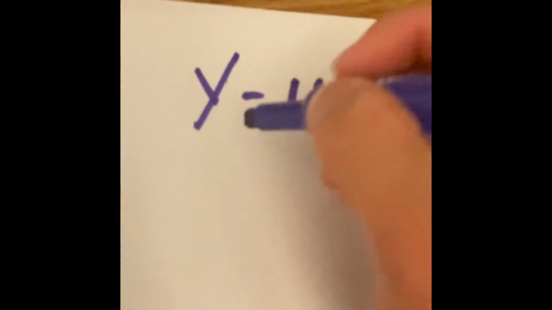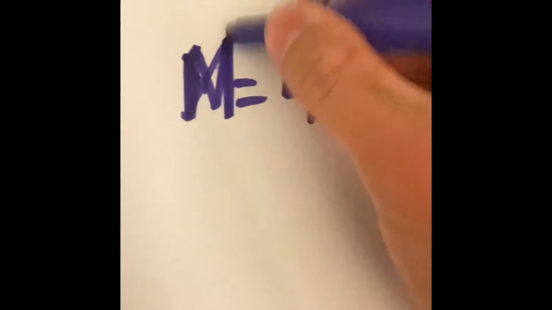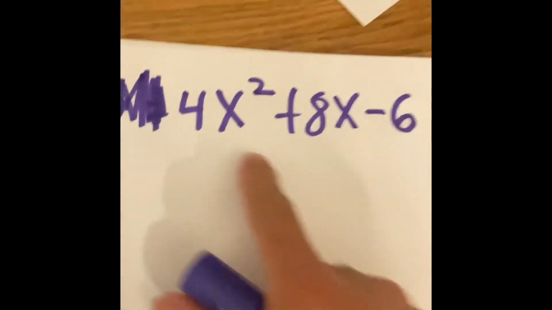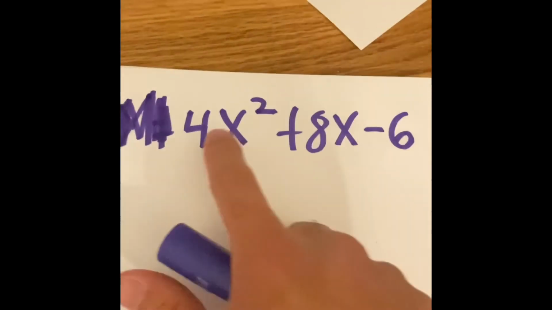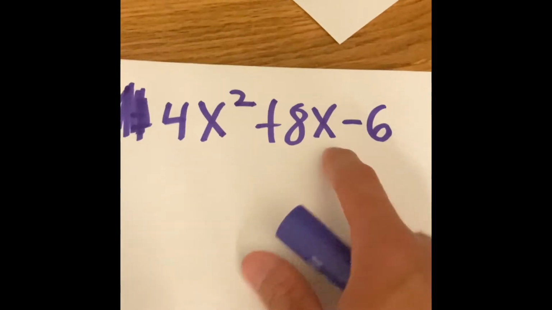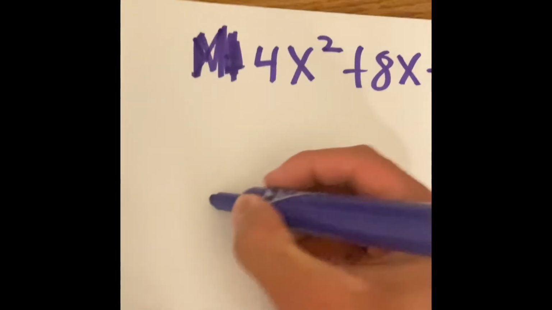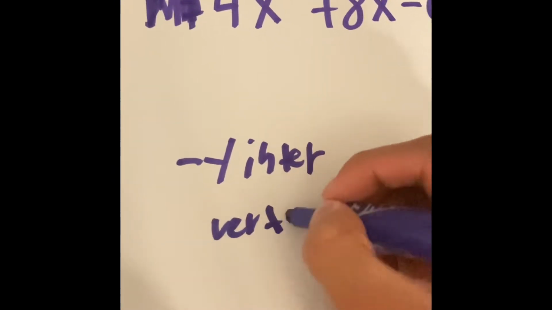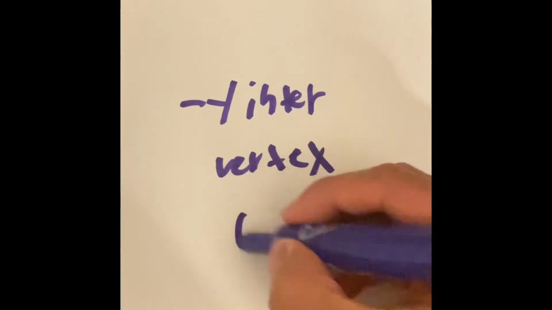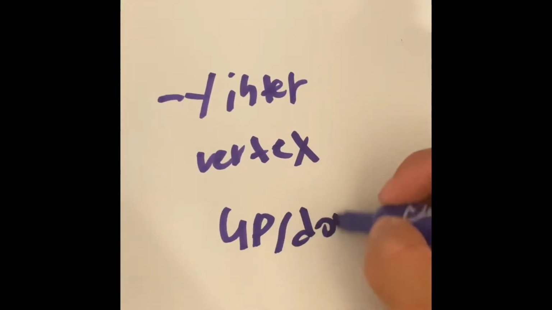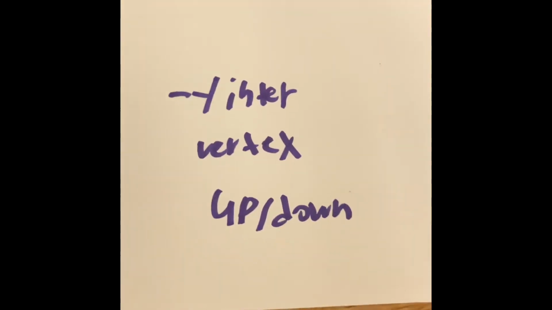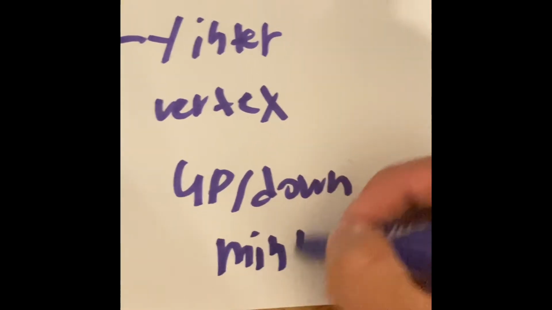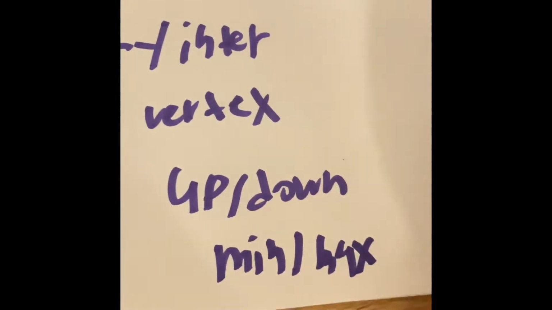The first thing we have to do is ignore the y and the equal sign, so we can only focus on the 4x squared plus 8x minus 6. We are going to look for the y-intercept, the vertex, whether it opens up or down, the min/max, and finally the number of x-intercepts.